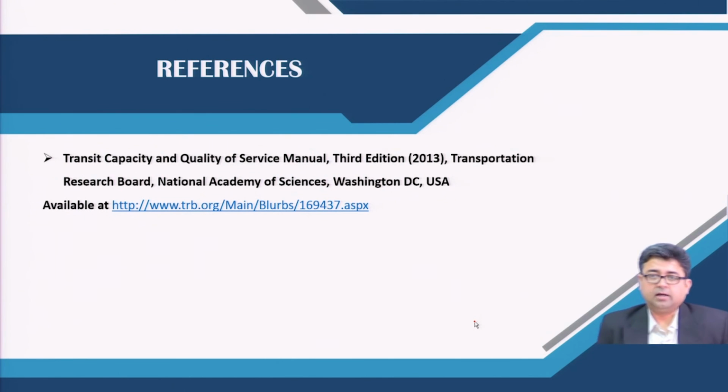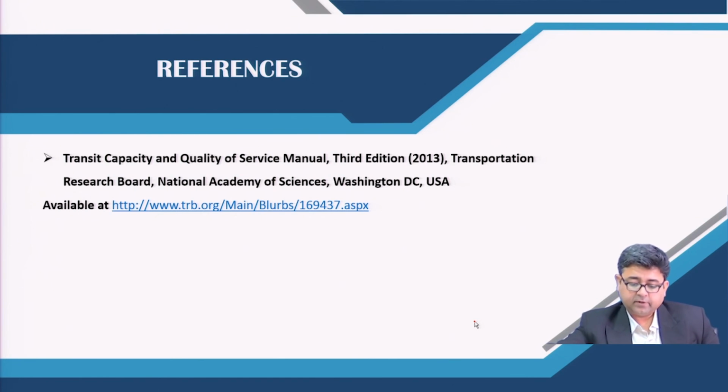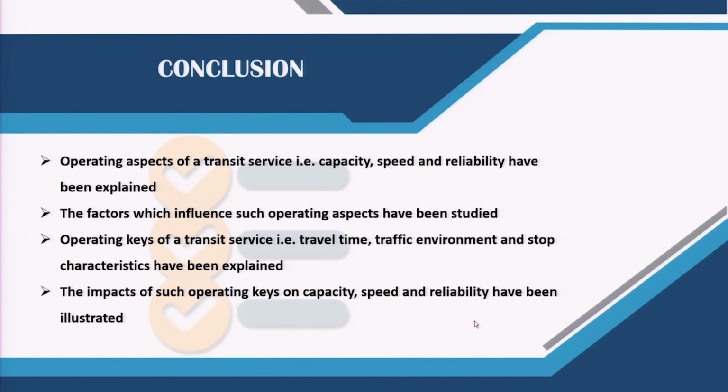So, that brings us to the end of this lecture series. In this lecture, what we have told you quickly is about the basic aspects, or a little bit more than the basic aspects, on operational characteristics of transit, looking at transit capacity, speed and reliability.